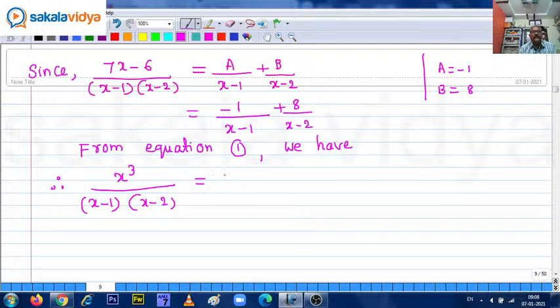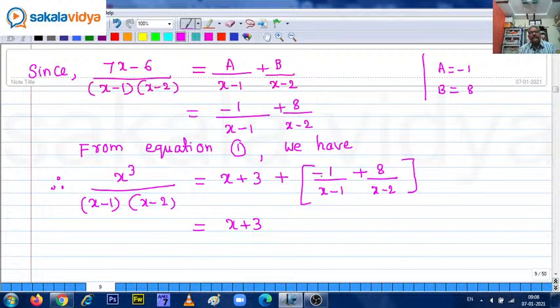So we get x plus 3 plus minus 1 upon x minus 1 plus 8 upon x minus 2. So these are the partial fractions of the required one. So in this way we can find out partial fractions of an improper fraction. Shall I proceed for next problem?